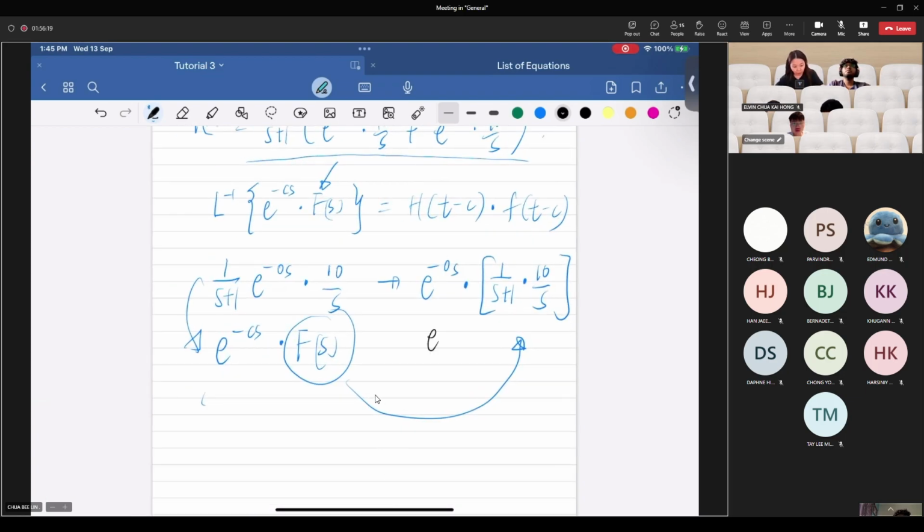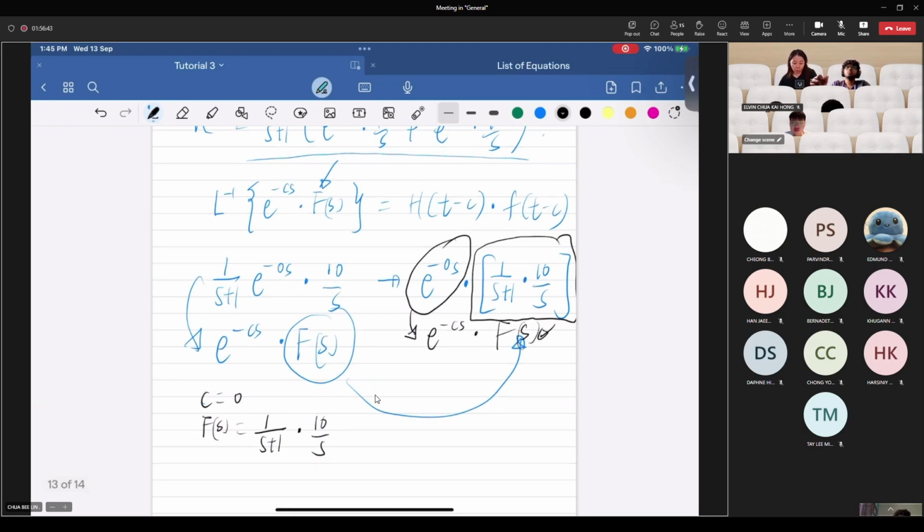So this is e^(-cs)·F(s). So this whole thing is this. So you solve your c equals 0 and your F(s) equals 1 over (s+1) times 10 over s.